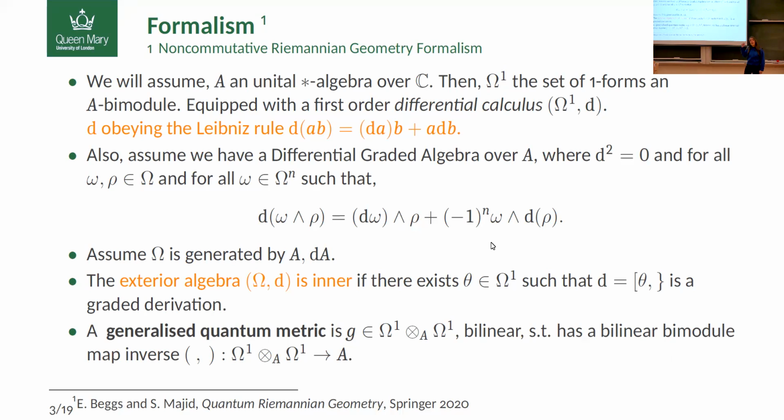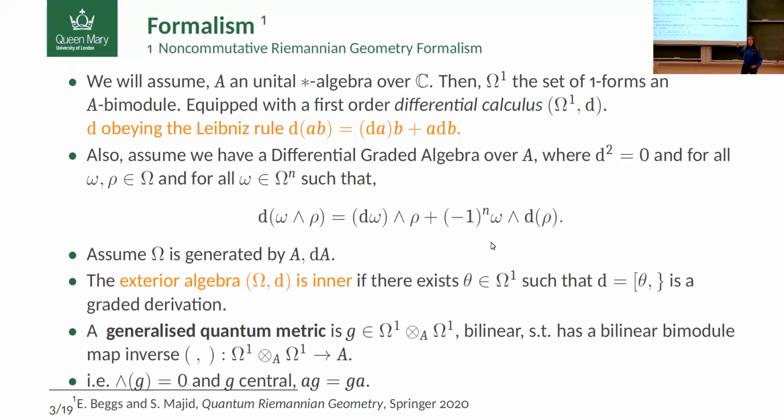This is going to be an element of the tensor product of the one forms with the one forms over A. If it's given, I want to ask to have an inverse map for this. Now, this probably looks a little bit more complicated, but basically g is a map, and then I'm looking for the inverse map, or the inverse matrix, as the map inverse that I have over here.